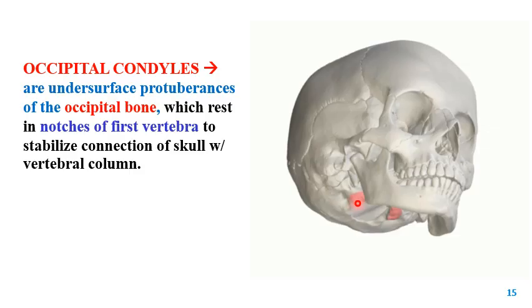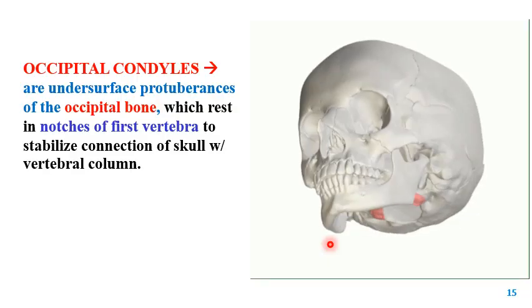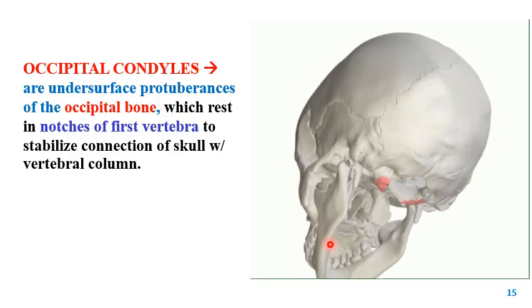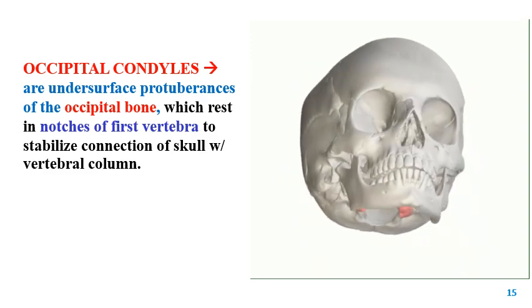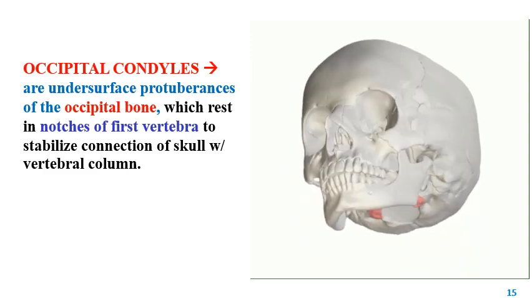Okay, so this is going to be point of attachment of your head to your vertebral column. Ooh, and the head is turning around, so you can see from all the different angles those occipital condyles.